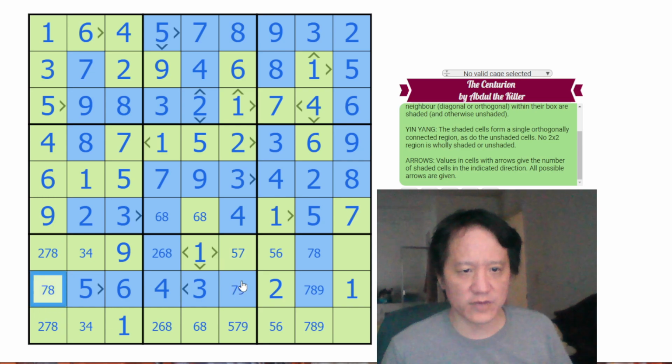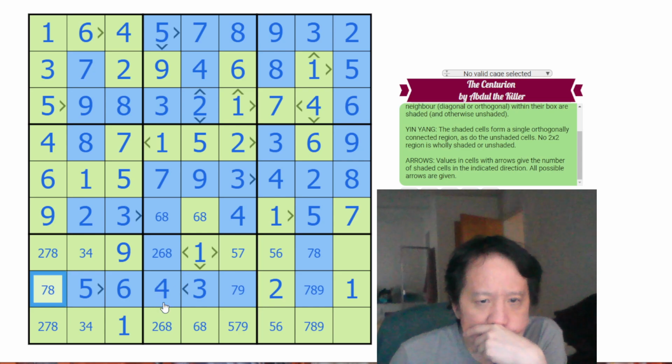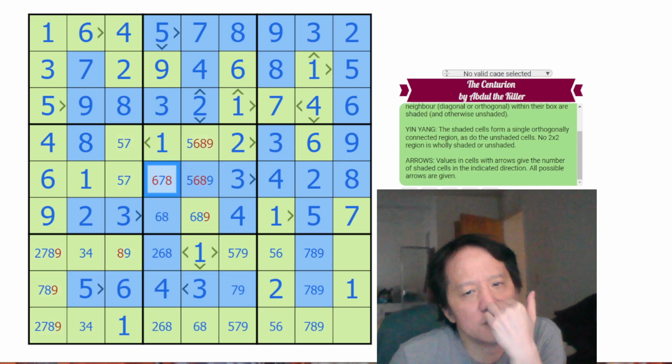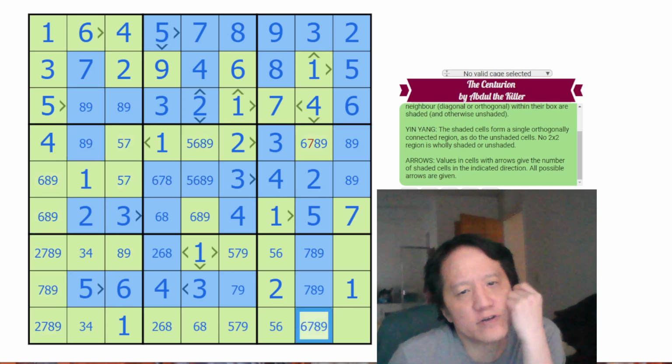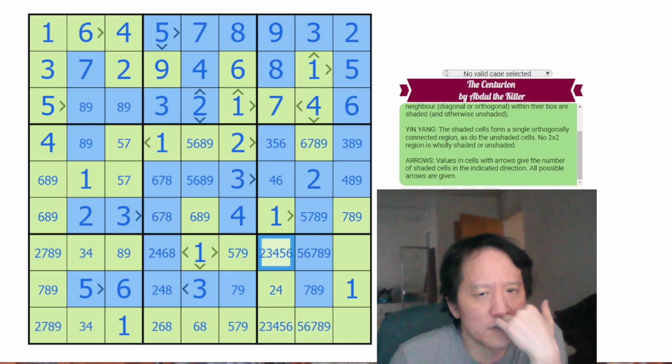Because this cannot be 7 or 8. But it can't be 2 either. Yeah, this is problematic. I don't know how far back it was. Maybe here?